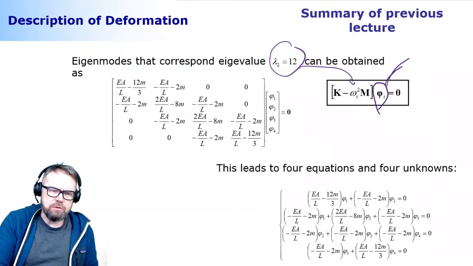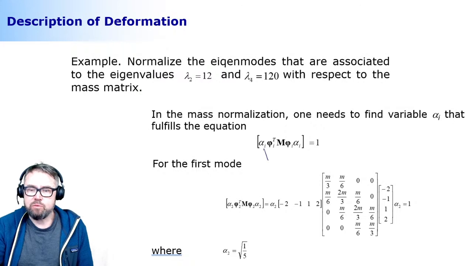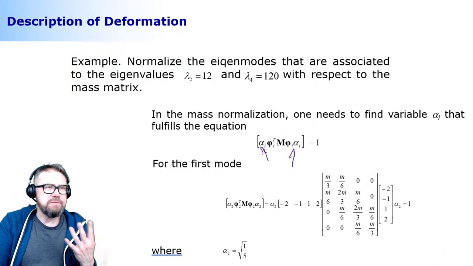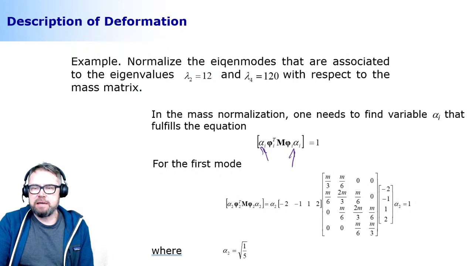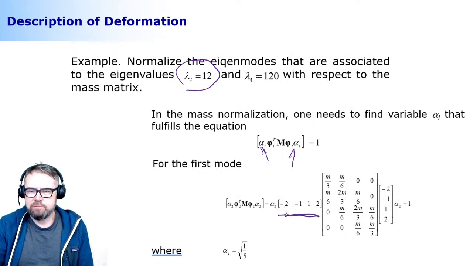Now what we can do is use something called mass normalization. Mass normalization means finding the number I should use to make the mass matrix a diagonal matrix. So it's just figuring out what scaling number is the most advantageous to use here. Now if I look at the eigenvector associated with eigenvalue 12, this is the eigenvector, this is my mass matrix, and this is my eigenvector again.